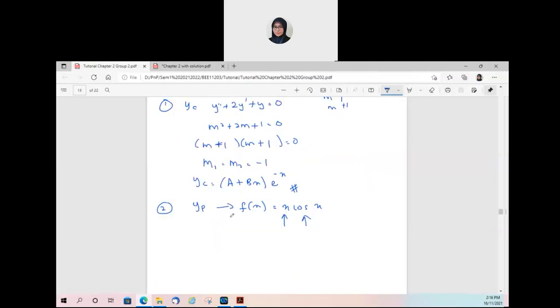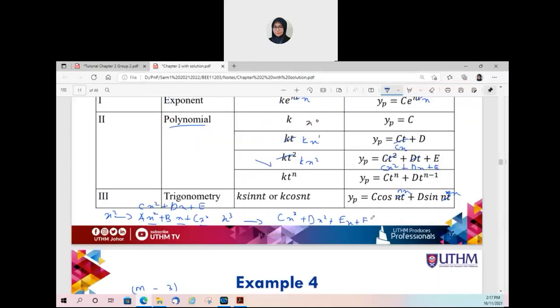Now we have polynomial and trigo. Our polynomial is x, and this one is cos. If you refer here, if you have a trigonometry f(x), then your yp will be C cos x plus D sin x.